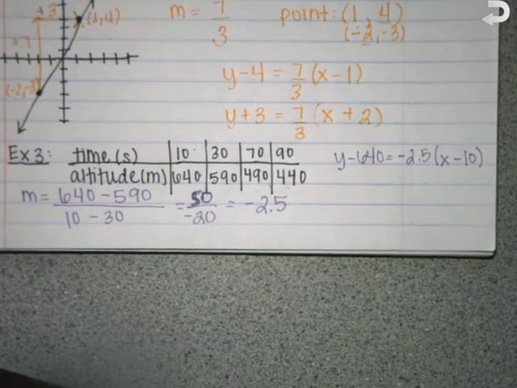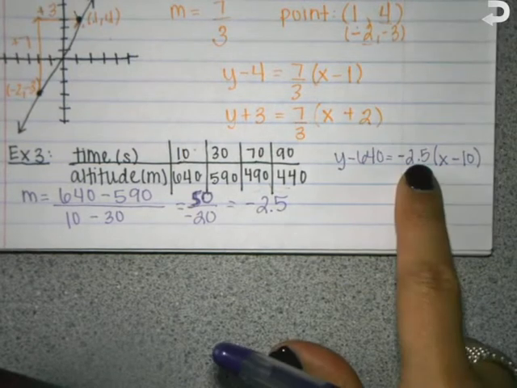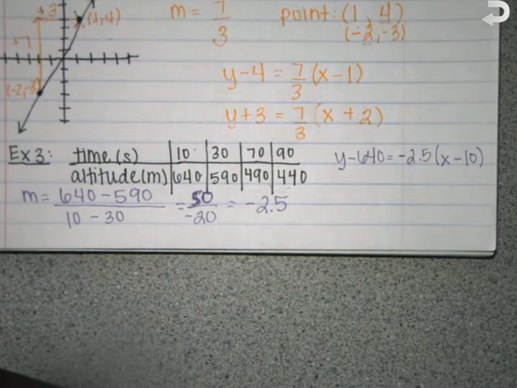I don't really like the way this looks. If we were talking about the plane going down, there's our rate of change, and I want to know where the plane actually started, what the initial value was.